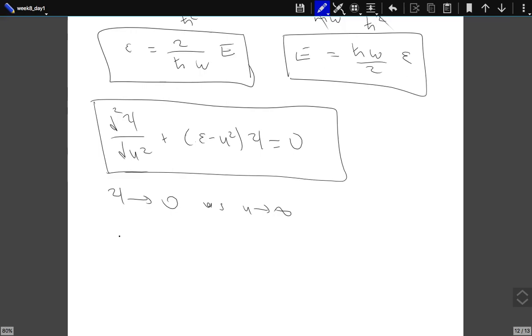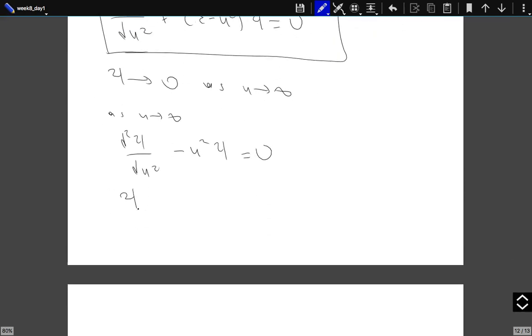Well, the derivative stays. But epsilon will be some number. It will be fixed, and as u goes to infinity, it will be negligible. So close to infinity, this is the equation that governs the behavior of my wave function.